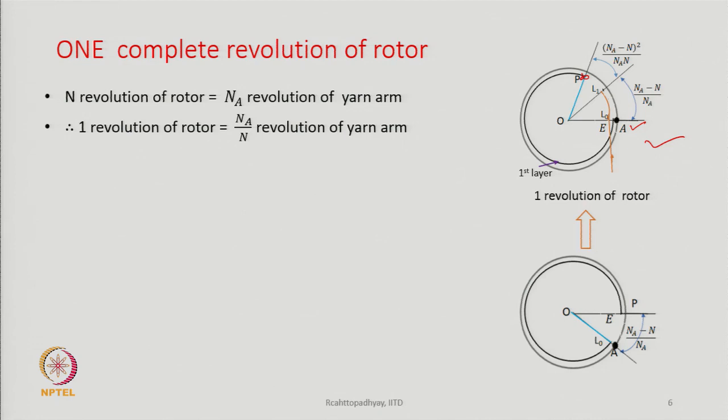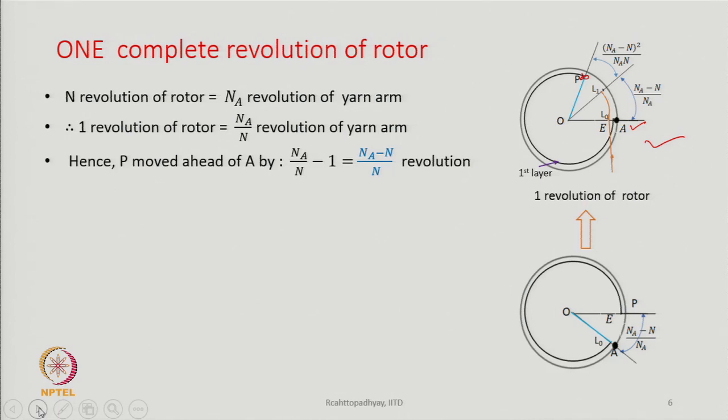Now, first of all try to find out how far P will be ahead of A. So, N revolutions of the rotor is N A revolutions of the yarn arm. They are revolutions per minute or revolutions per second, whatever we can imagine. So many revolutions per unit time. Unit time could be second or minute, it does not matter.